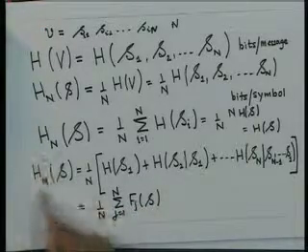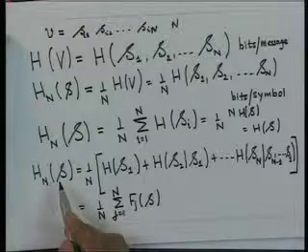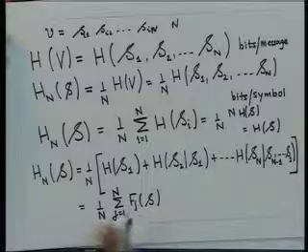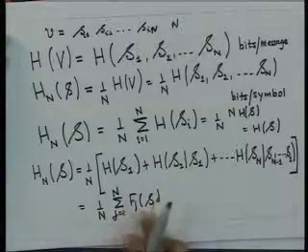So this I get as the average information per symbol, and that is related to 1 by N summation of F_j(S).